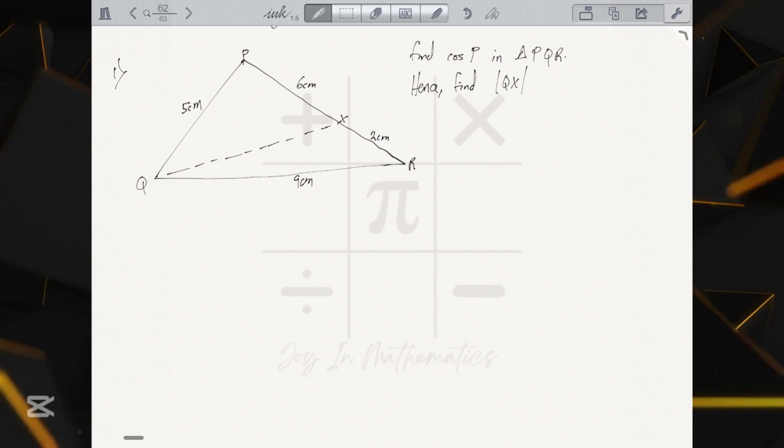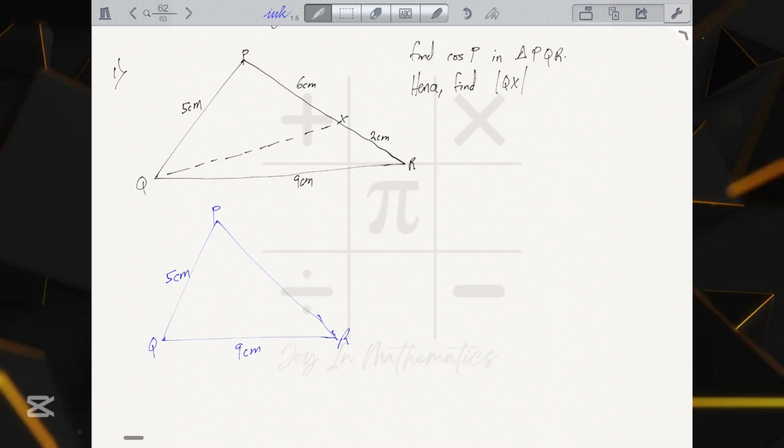So just like we did earlier, we will say P, small letter p, is equals to 9 centimeters. Or before then, let us draw the entire triangle out. Triangle PQR. So we have PQ to be 5 centimeters. We have this QR to be 9 centimeters.